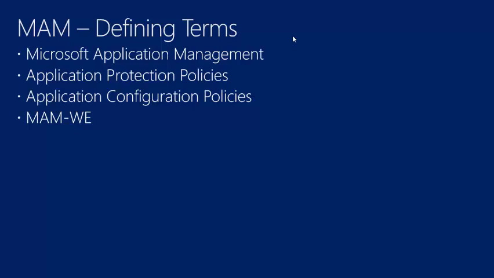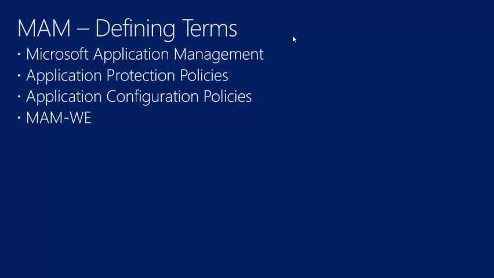So the session today is not going to focus on application configuration policies at all. It's going to focus on application protection policies and specifically look at iOS and Android. We'll do Windows in a separate session. You'll understand why in a minute.